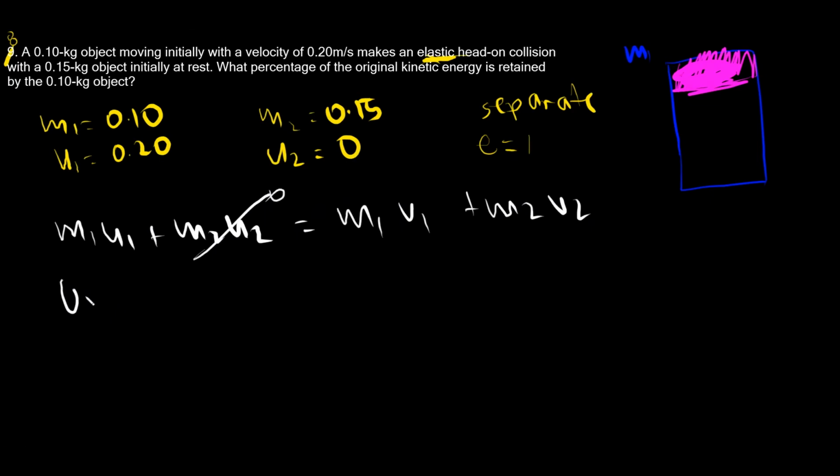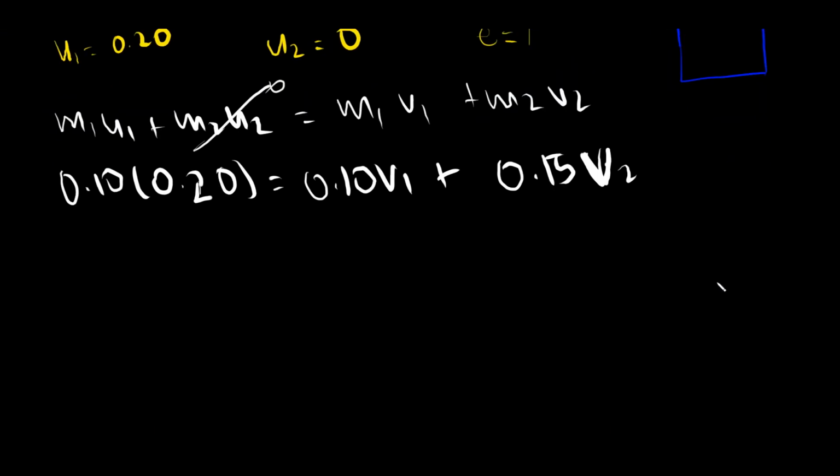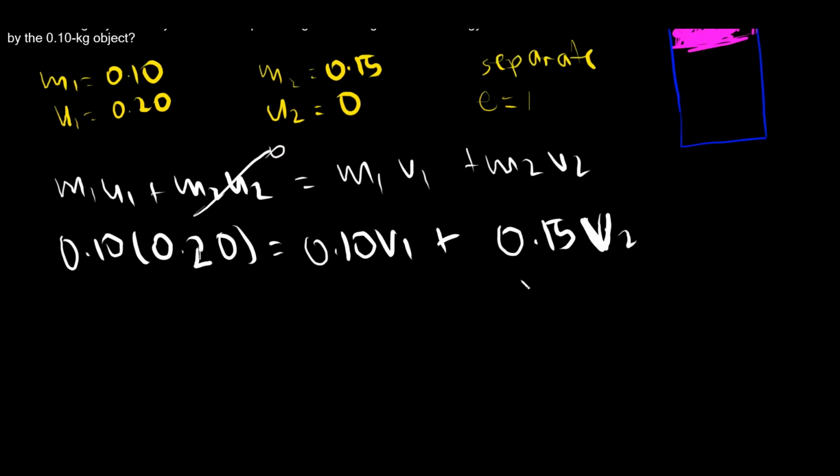So you have 0.10 times 0.2 is equal to 0.10 v1 plus 0.15 v2. So you have one equation, two unknowns, so you need another equation.